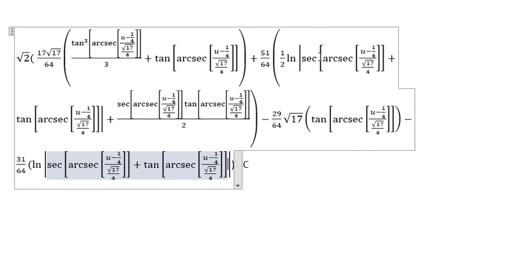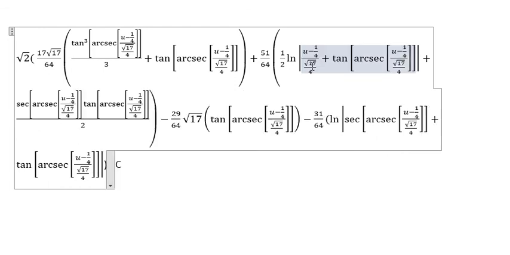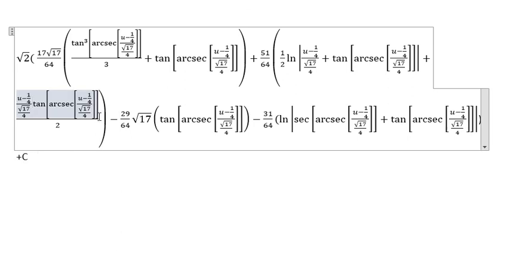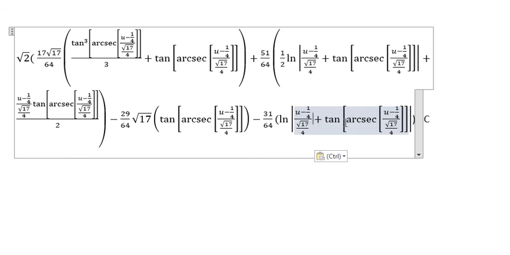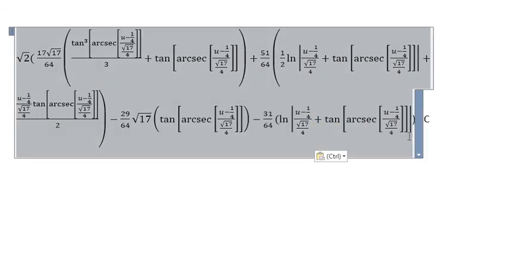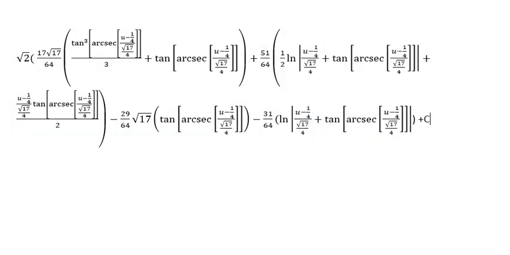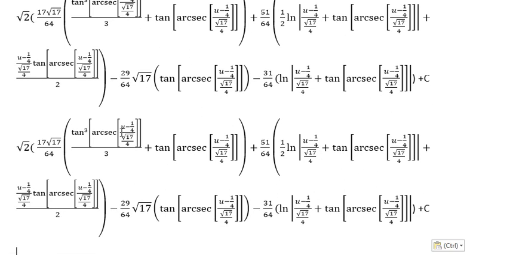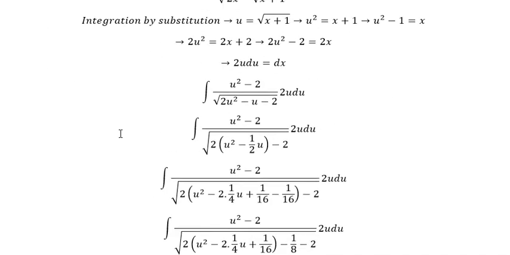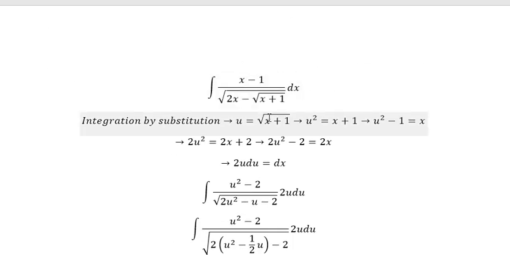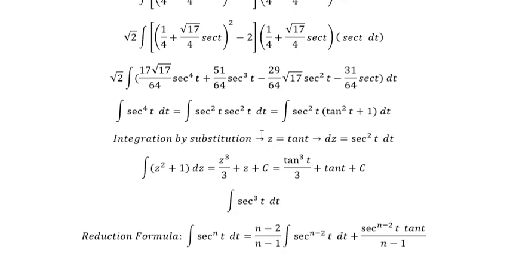So secant of secant you will got this one inside. Next, about u, we got the square root of x plus 1.